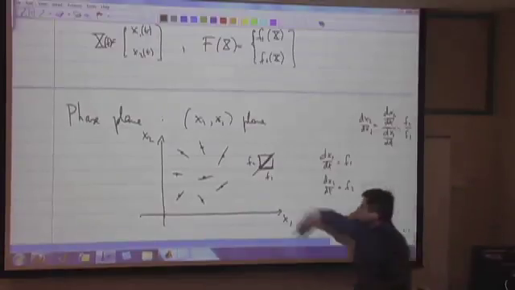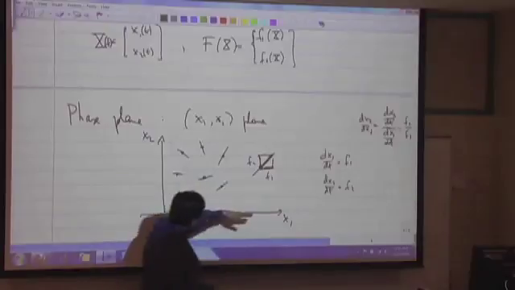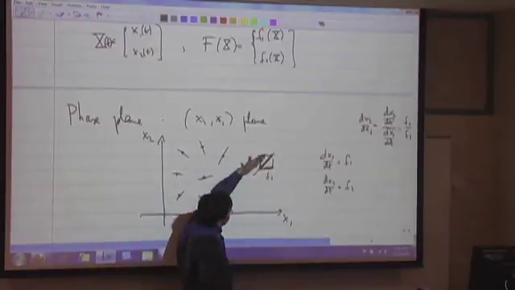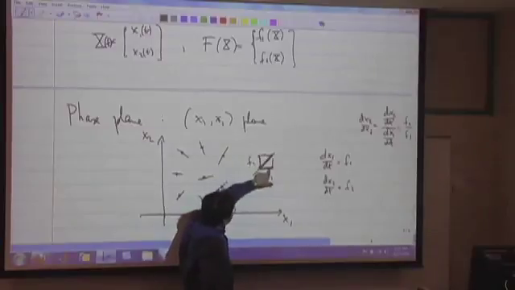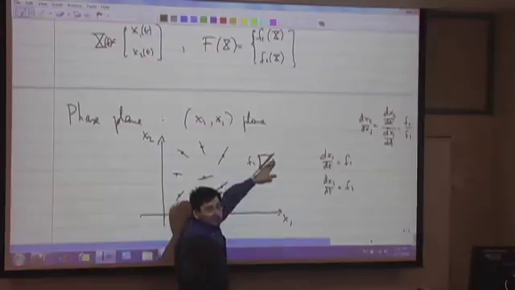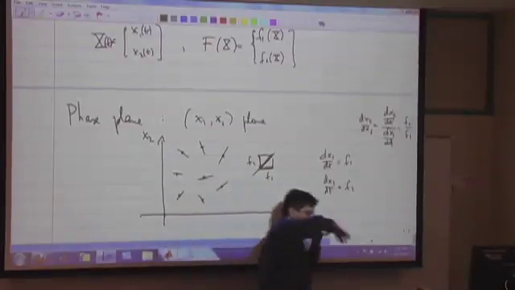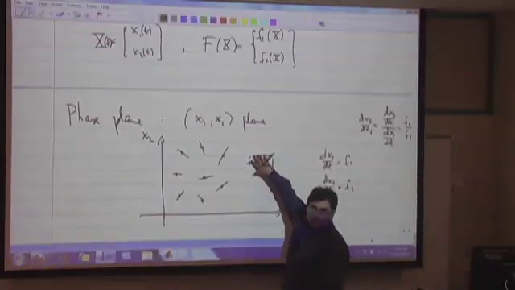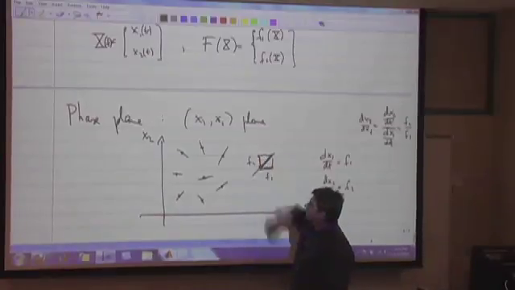If I were to plot x2 versus x1 at this point, then the slope of that curve, or of the tangent line to that curve, would be the ratio of f2 over f1. So that's why the direction field is displayed like this. You measure f2 and f1.